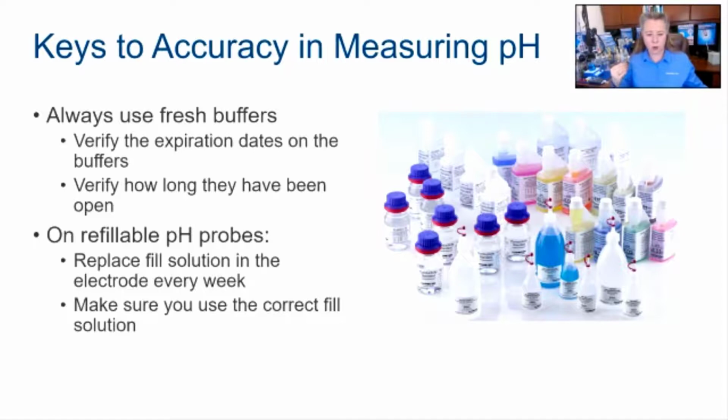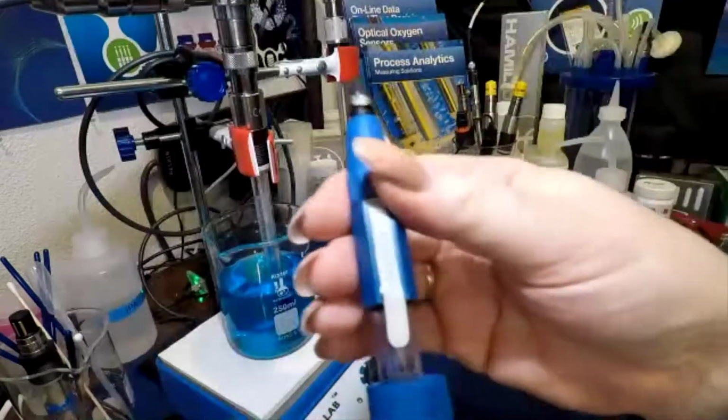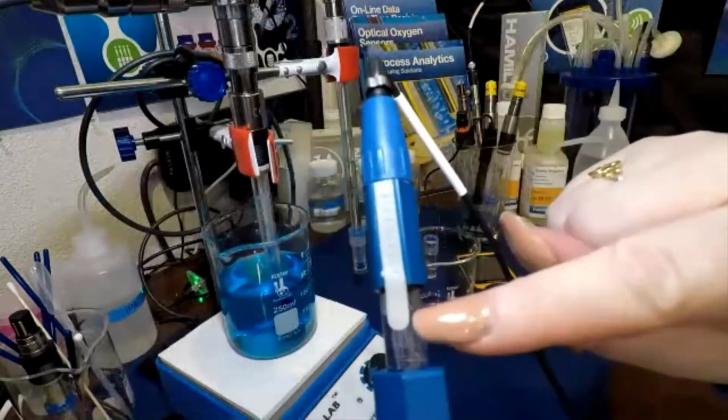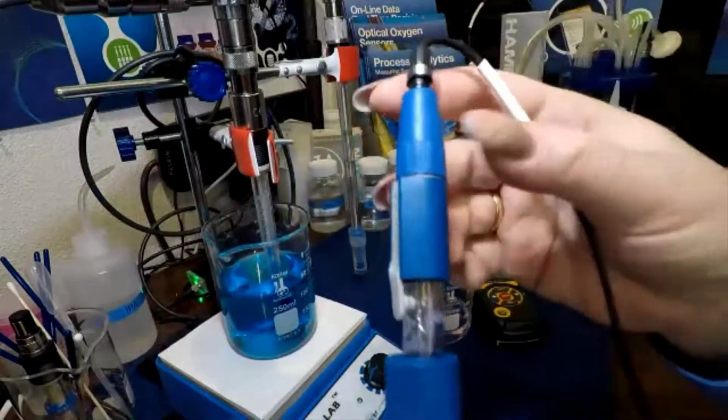Always stir. If you have a refillable pH probe, now this is specific for anything in bioprocess to laboratory probes, you need to make sure that you refill the electrolyte in the probe. So if you have a laboratory probe, you're going to notice if it's refillable, it'll have some sort of plug.